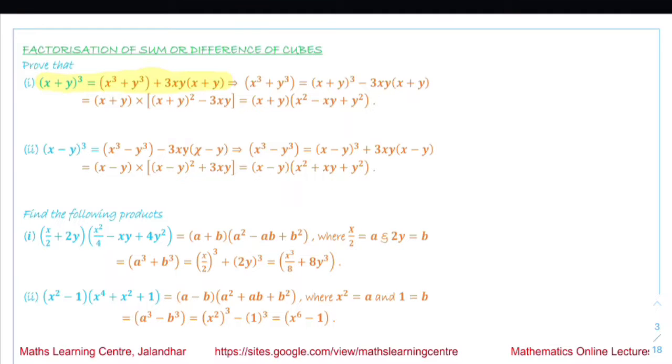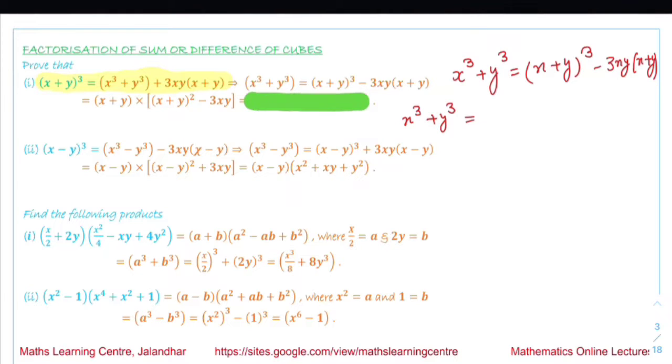So if we calculate the value of x³ + y³ from this, we will get the answer in the form (x + y)³ − 3xy(x + y). So we can write x³ + y³, when we rearrange the terms and solve further, we get the answer in this form.